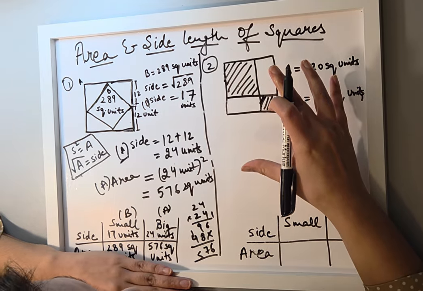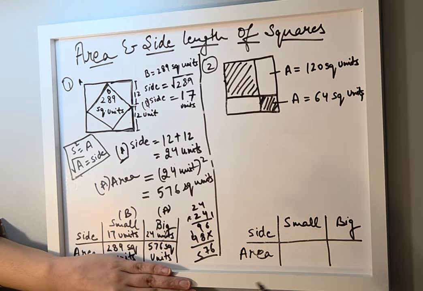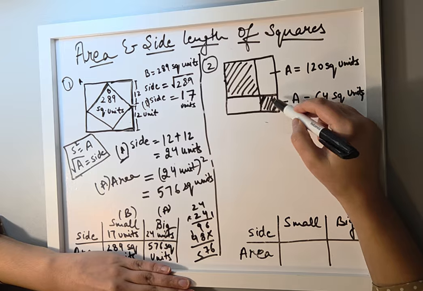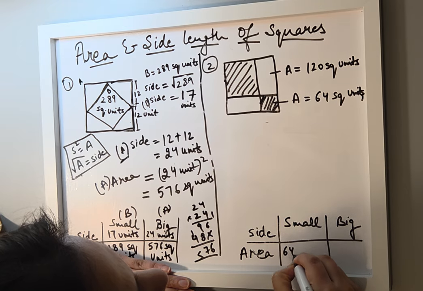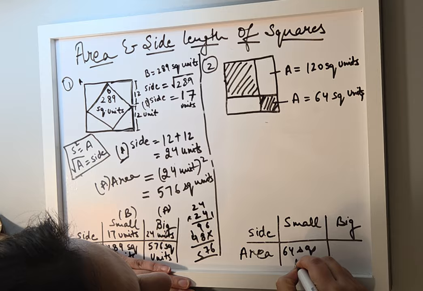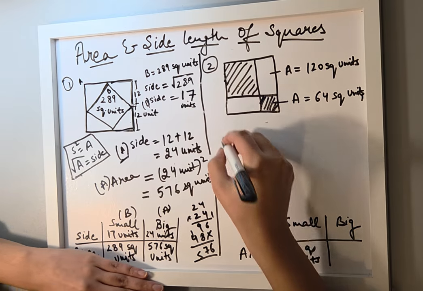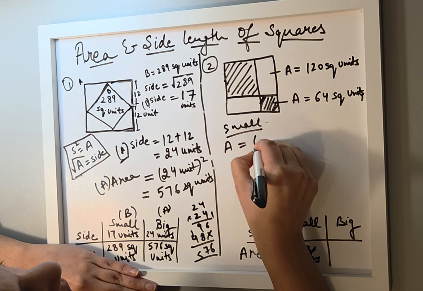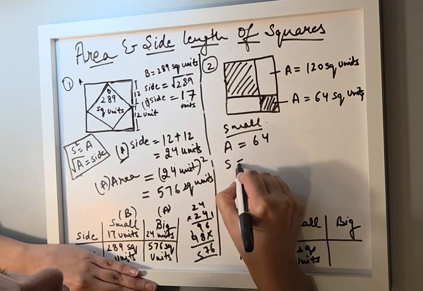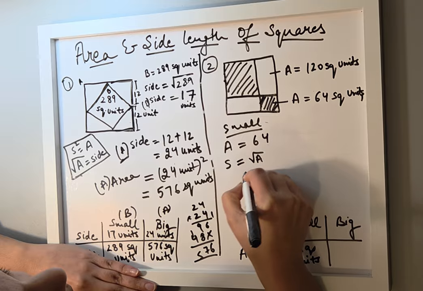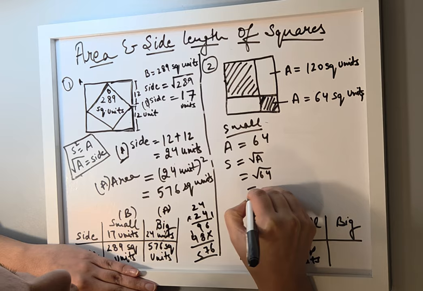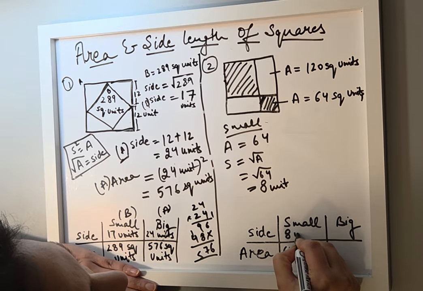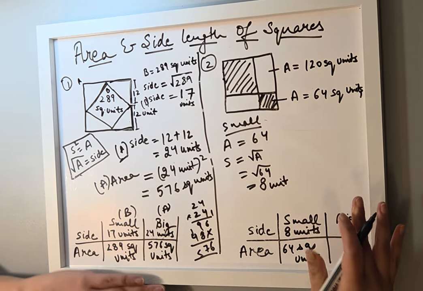So let's see what information we already have, which will help us fill this table. For the small square, we have the area as 64 square units. So the side will be the square root of 64, and that will be 8 units.